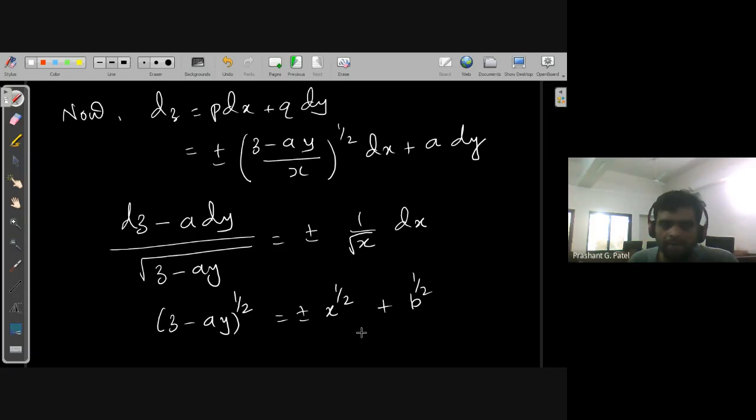I don't want the square root, because when I differentiate this, again we'll have a problem. So I want to remove this square root.